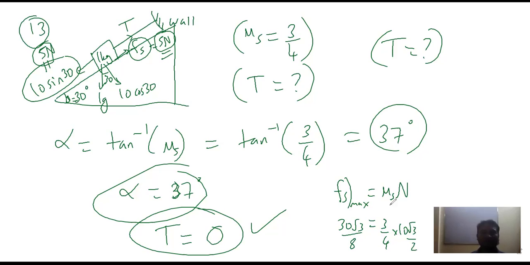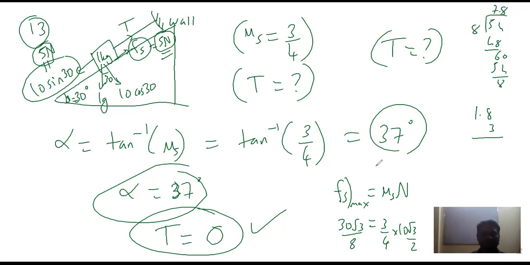So 30 into 1.73, let us say 1.8 into 3. 18 into 3 is a 54. 54 upon 8. So this is 7 is a 48. So it is about 7.8 Newton.